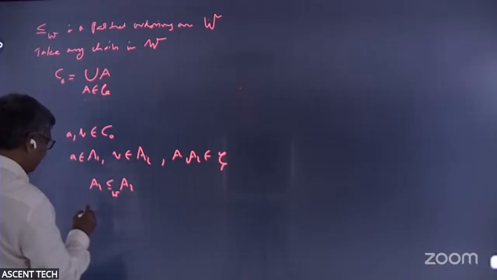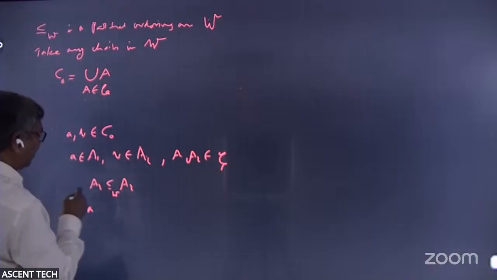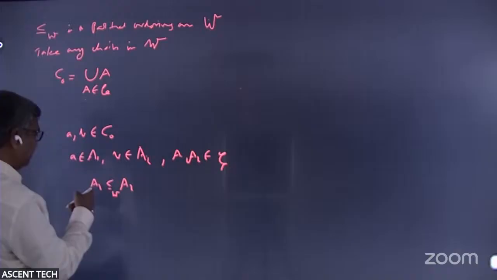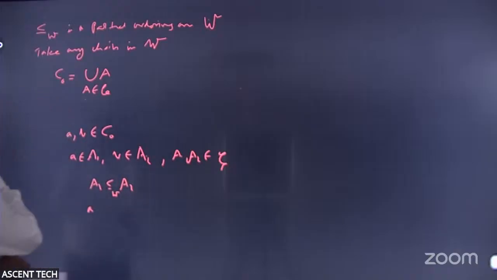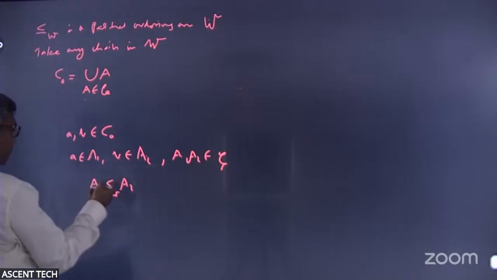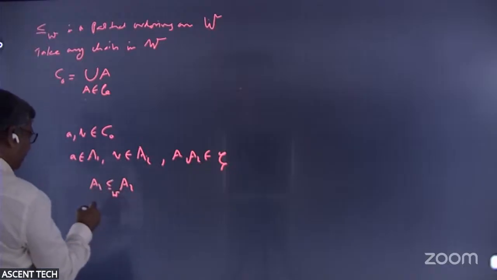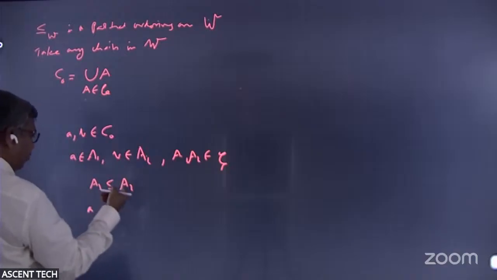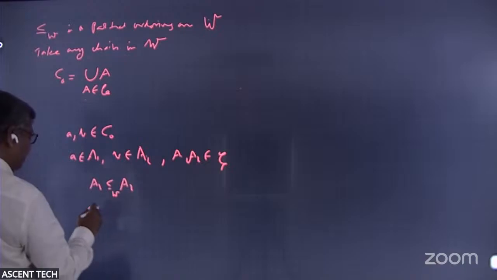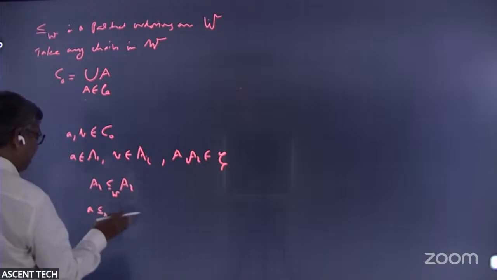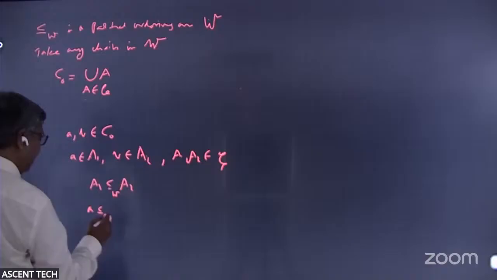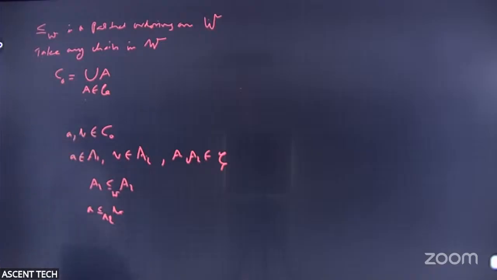Because these are comparable, whatever is the inequality, both of them are in A2. So in A2 you have some inequality between A and B. That is what I say the inequality in C0.